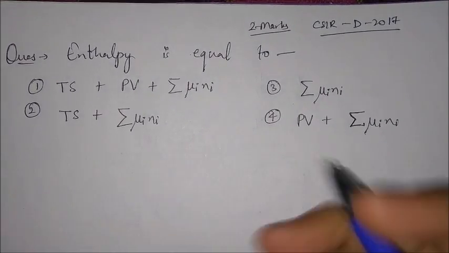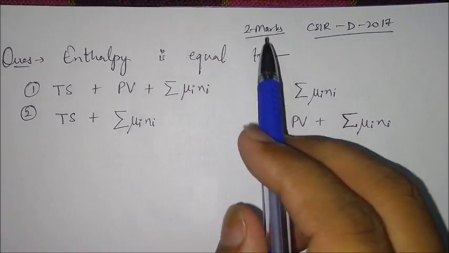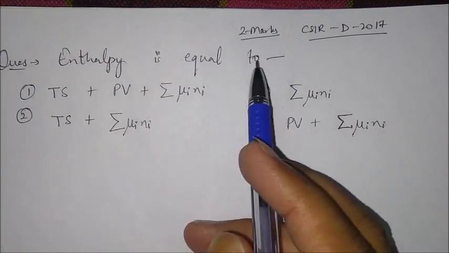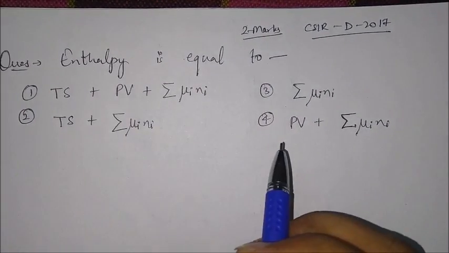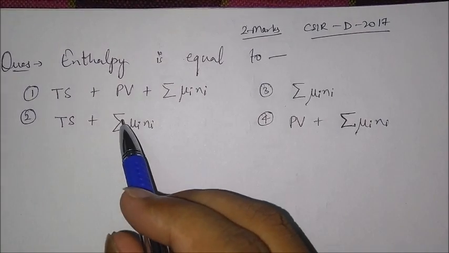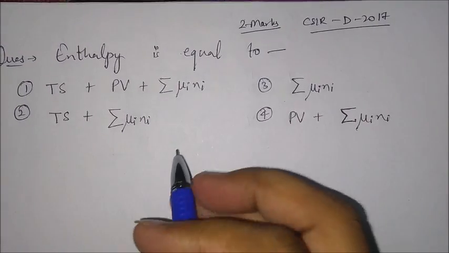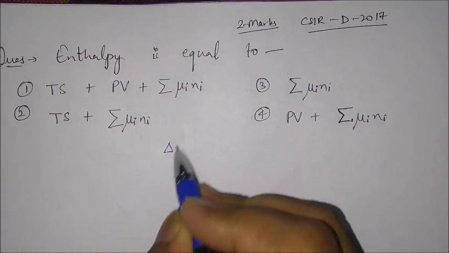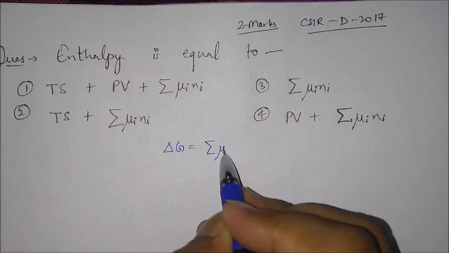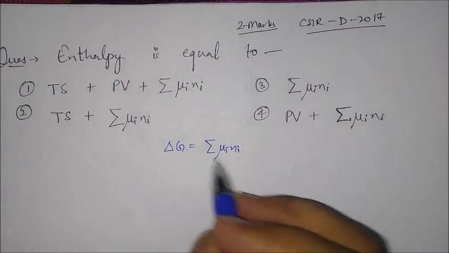Okay, let's try to solve this question which came in the CSIR December 2017 exam for 2 marks. The question asks for the enthalpy, and you are given 4 different options. A few minutes back we saw that G is equal to the sum of mu i Ni, so from G we can get this term.